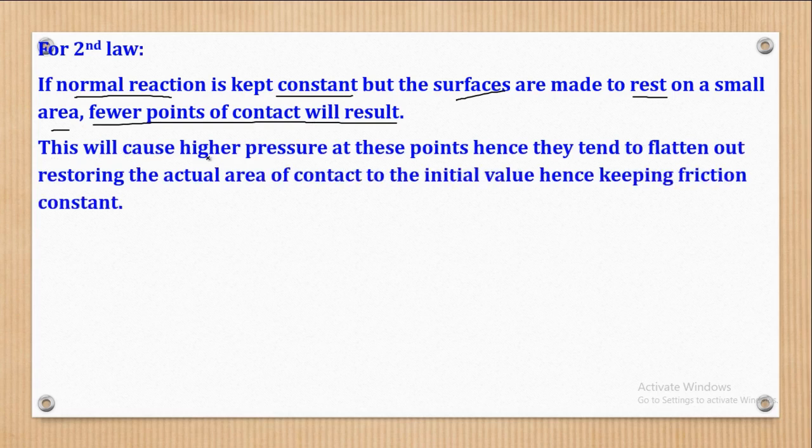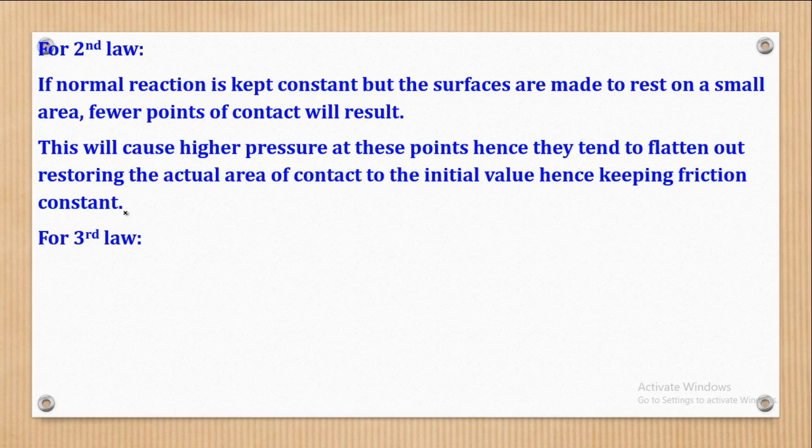This will cause higher pressure at these points and hence they tend to flatten out, restoring the actual area of contact to the initial value and hence keeping frictional force constant. So that explains the second law, because we said frictional force is directly proportional to normal reaction. Therefore, when normal reaction is constant, frictional force must be constant.